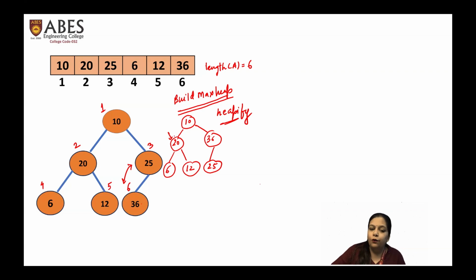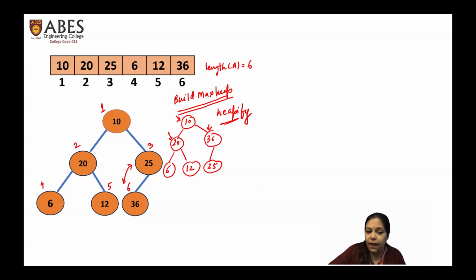Now we have to move towards the node which is stored at index 1. You can see here that we have repeatedly heapified the nodes 3, 2, and then 1. That means we are heapifying from length a by 2 down to 1, each node.